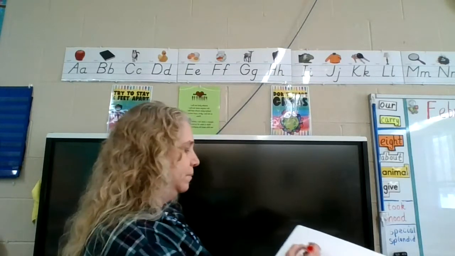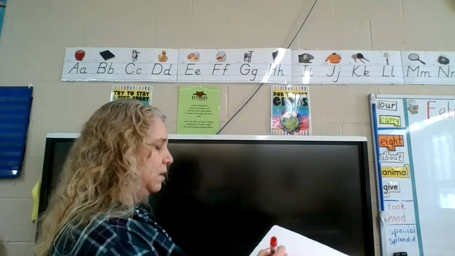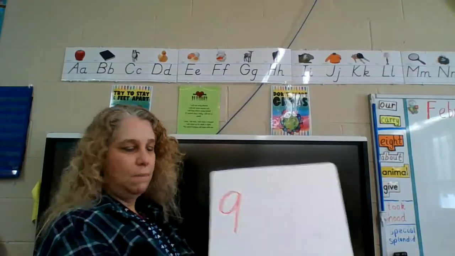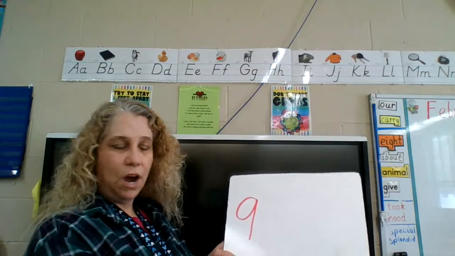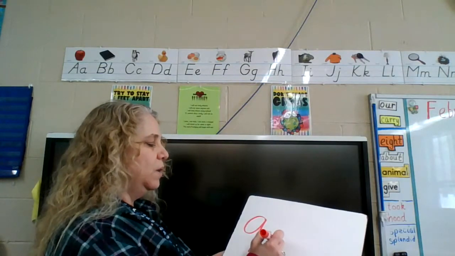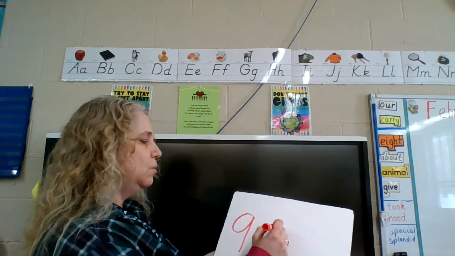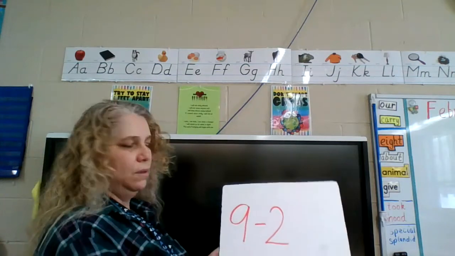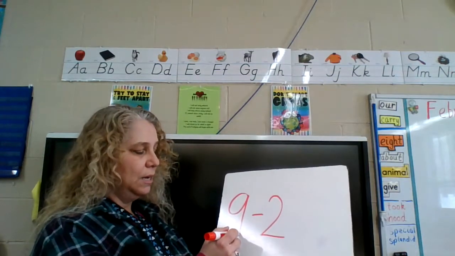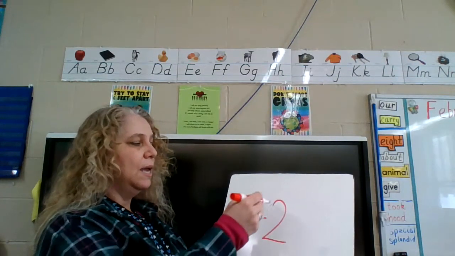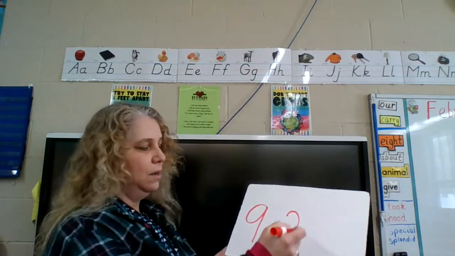So if we have something like 9, let's say 9 toy cars, and we give our little brother 2 of them. So we have 9, and then count back, 9, 8, 7. And so it was 7.